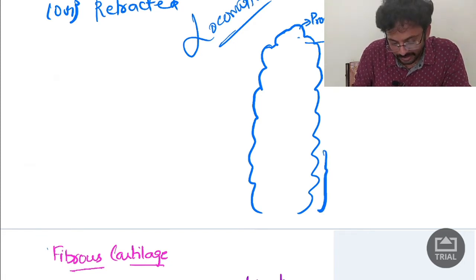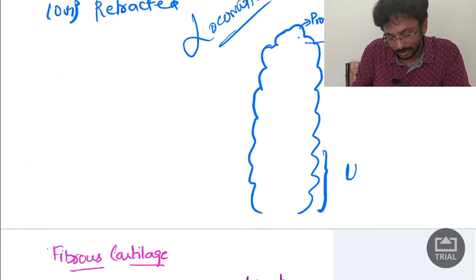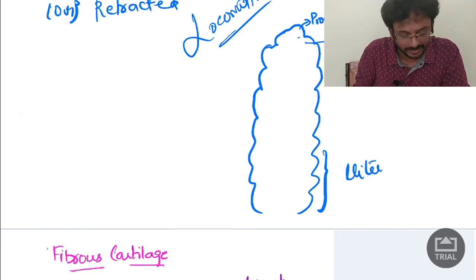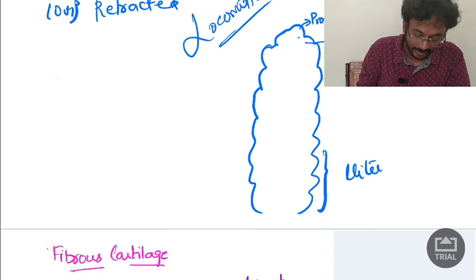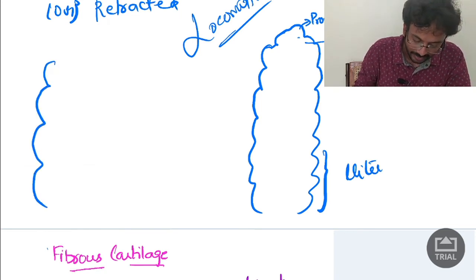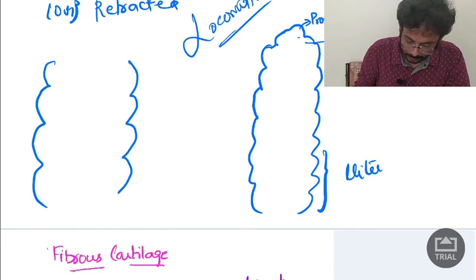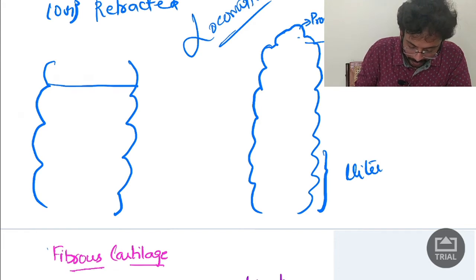The 14th, 15th, 16th segments are called the clitellar region. Here are the 5th, 6th, 7th, 8th and 9th segments, and this is the ventral side.